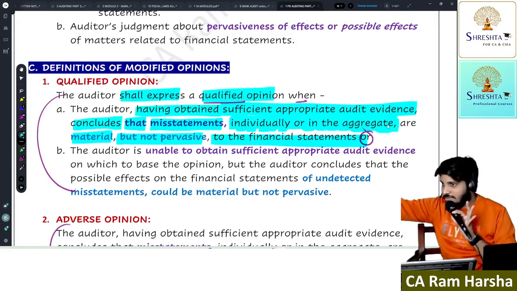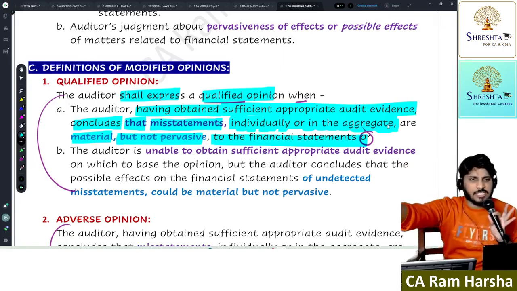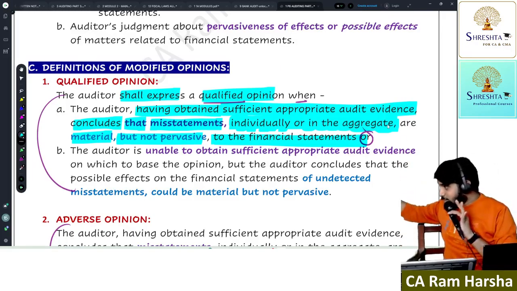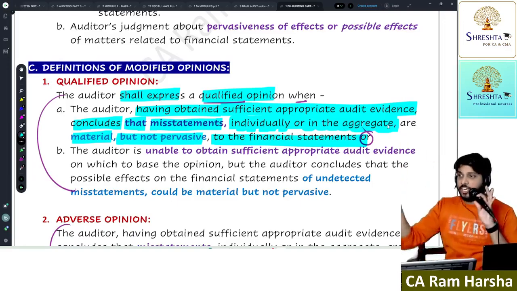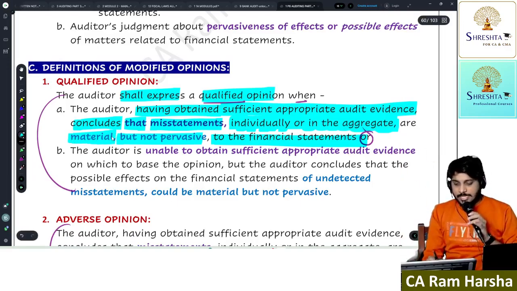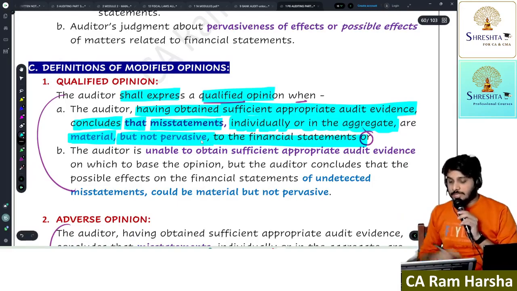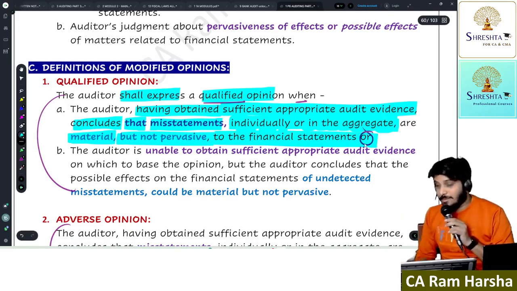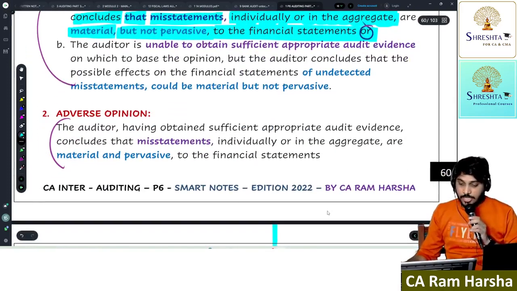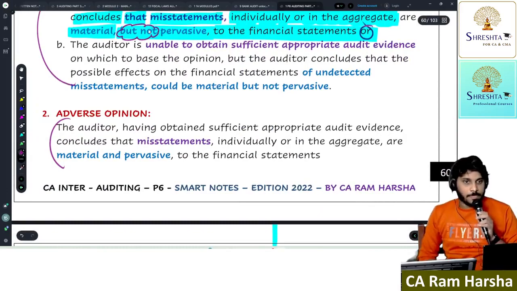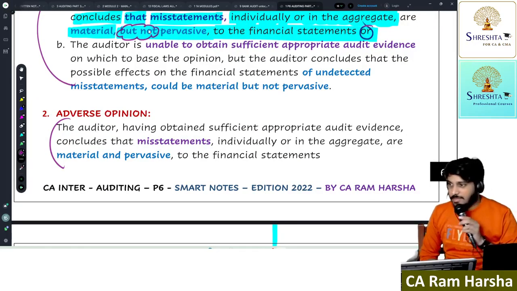Whatever applies, that you apply. If a single mistake is there, see what the mistake is. If multiple were there, total it. After totaling it, is it material? Check it out. Yes. Is it pervasive? Not pervasive. Then you will give which opinion? Qualified. Now you see here the words, but not pervasive, right?